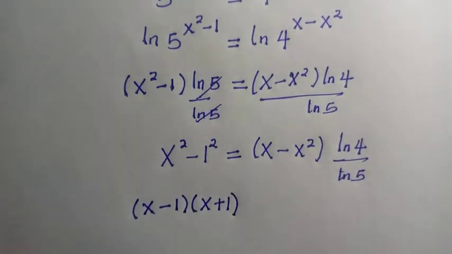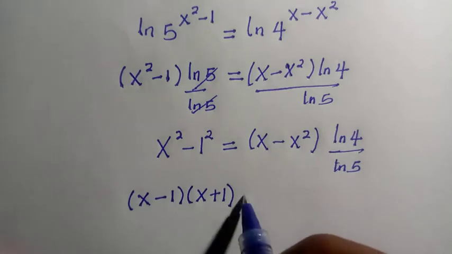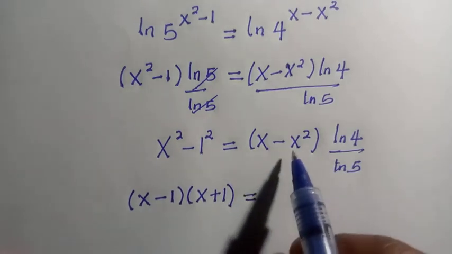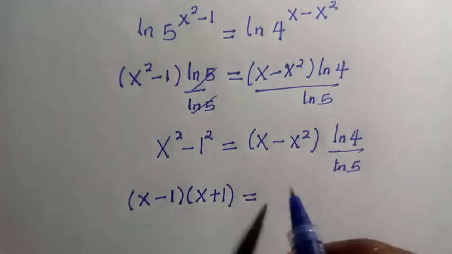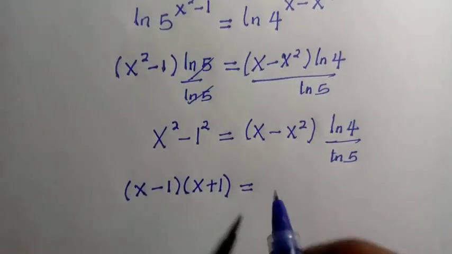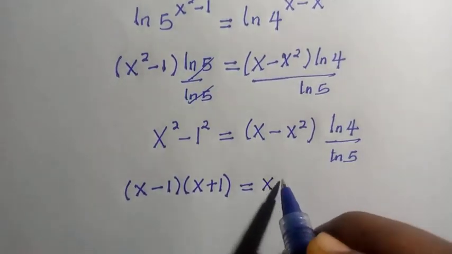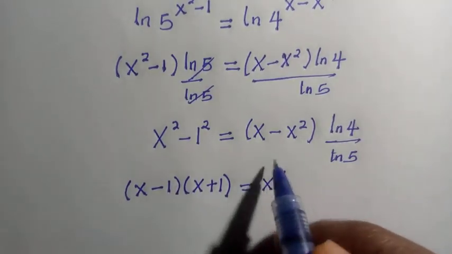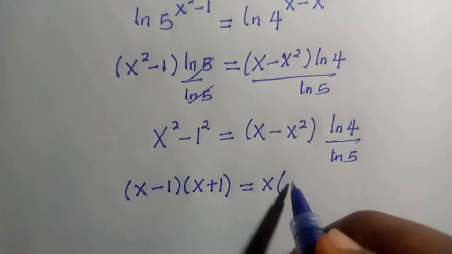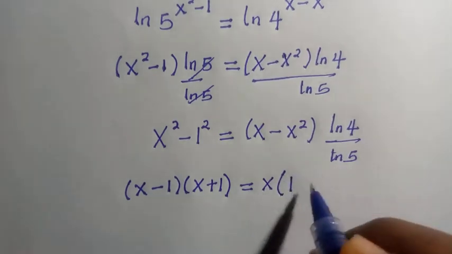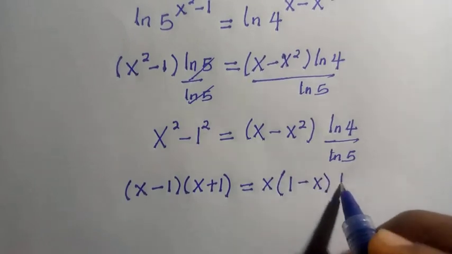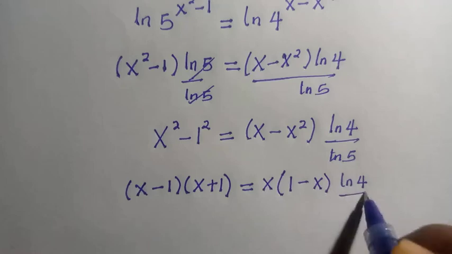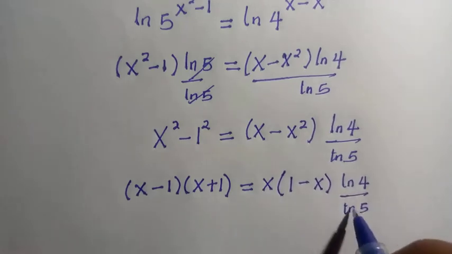Then equals, we want to make sure it also has something like x minus 1 here. So what we'll do here is take out x. When we divide this one by x, it remains 1. Then here remains minus x also, then ln 4 divided by ln 5.